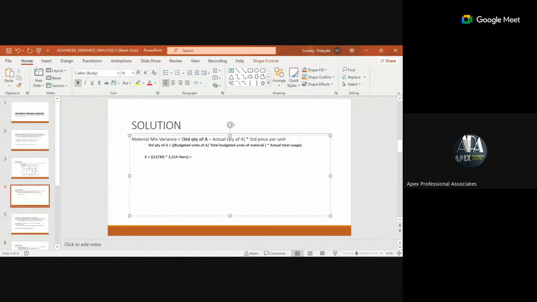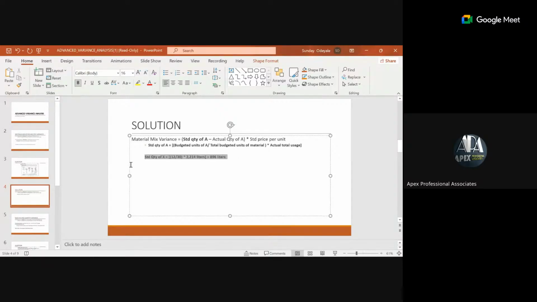Now this should give us how many units? Can someone quickly do the maths? Standard 896.4. 896, let me just keep it like that. 896 liters.